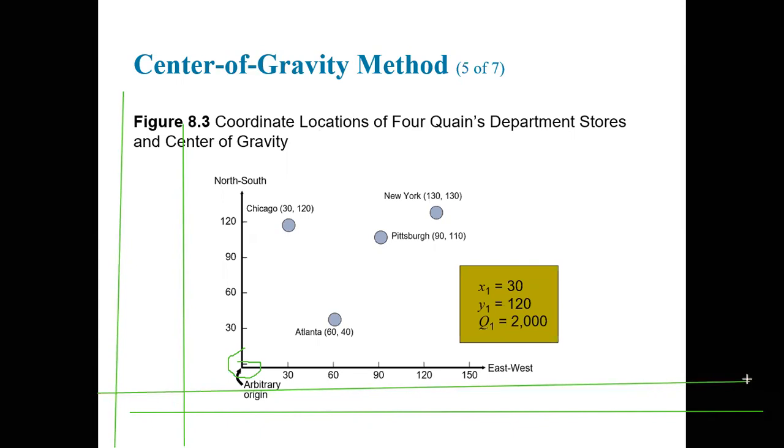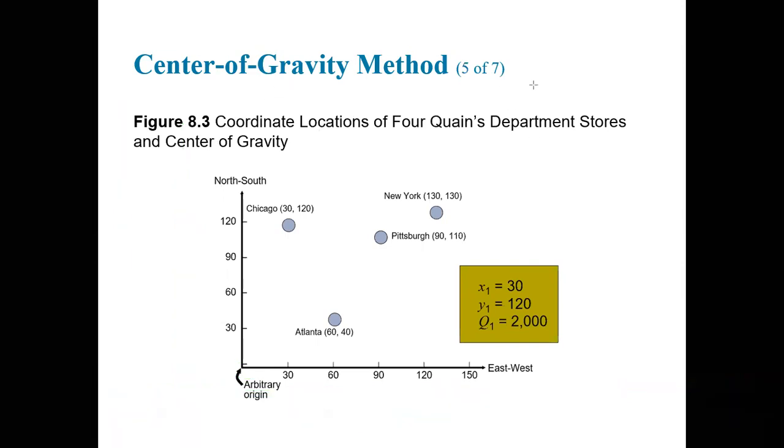So you have an arbitrary origin from wherever it is that you want to plot it for, and then you're going to calculate the distance from that origin to that given location along the x-axis, and do the same along the y-axis, and you come up with a set of mileages. Okay, so for example, if you look at Atlanta here, Atlanta is 60 miles from this origin that we have here, going east of the origin, and it is 40 miles going north from our origin.